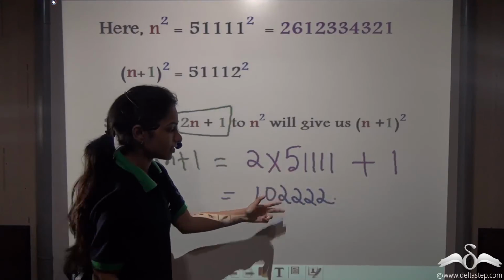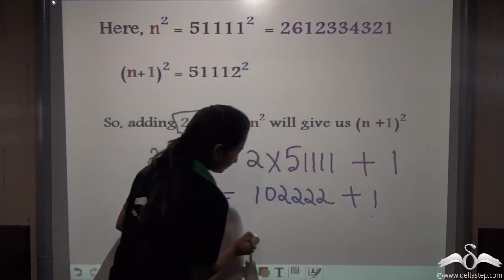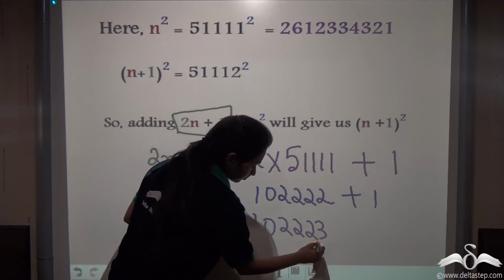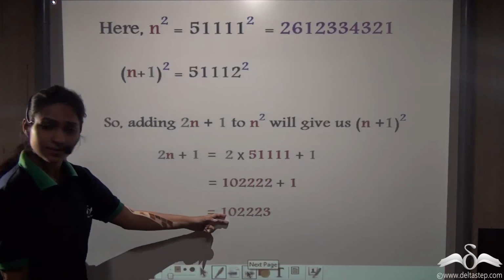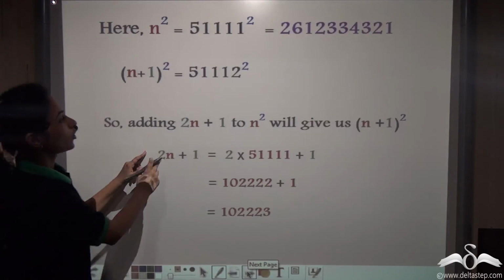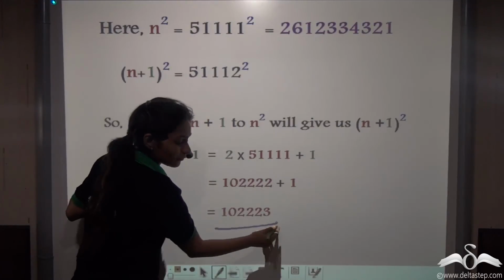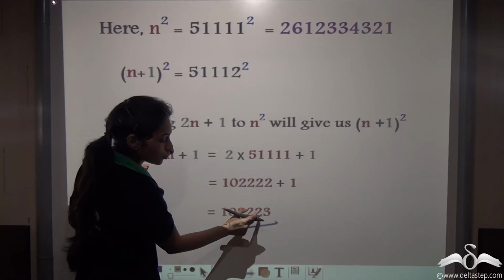Well, finding this was very easy. Just add 1 with it. We get this. So we know now n square, that is this. We know now 2n plus 1, that we have already calculated, 102223.